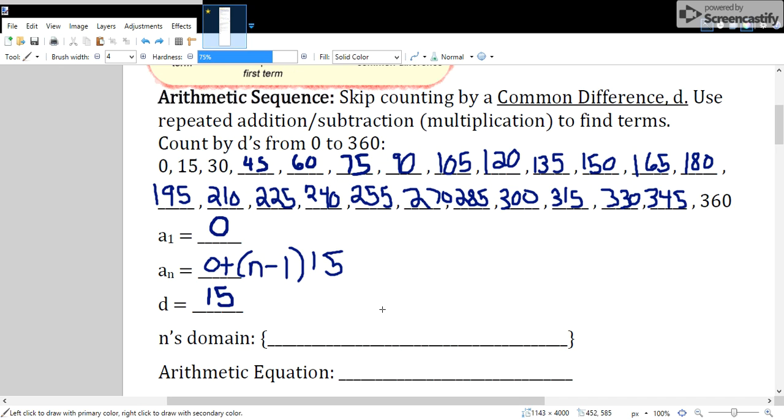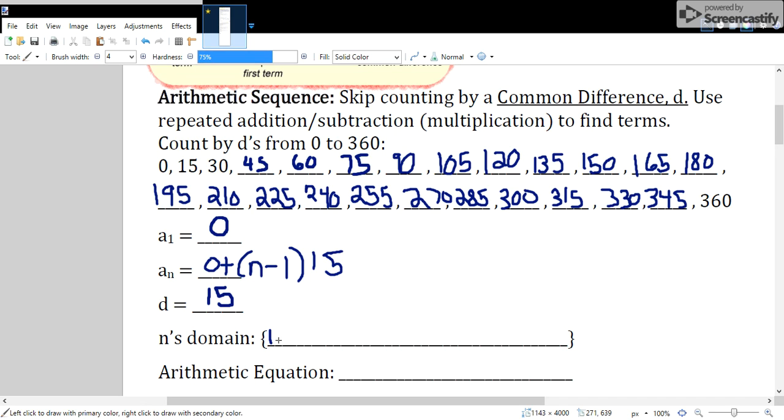Now n's domain in this sequence is just the terms from 0 to 360. And if we count the terms, we have 25 terms. So we'll just list that.